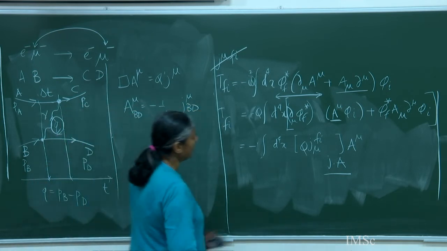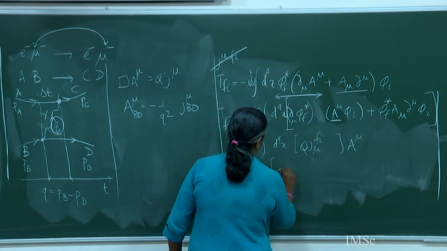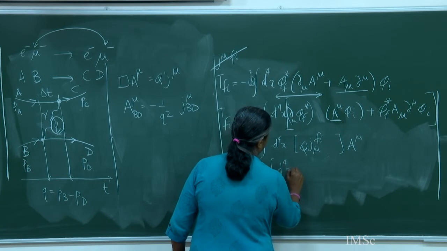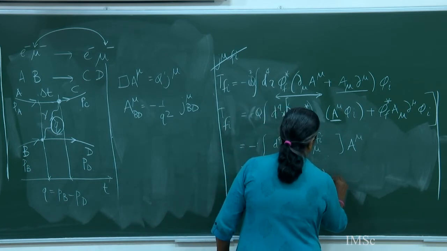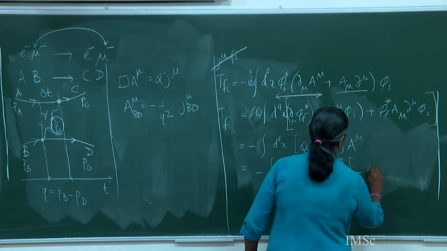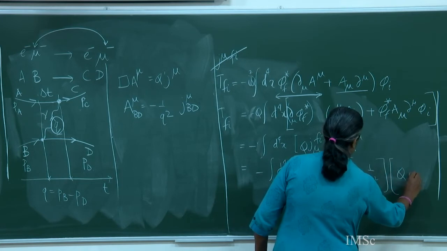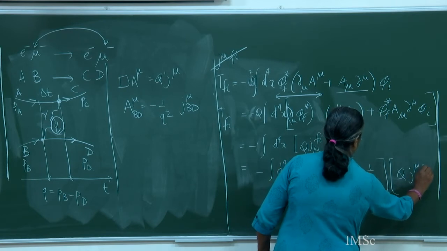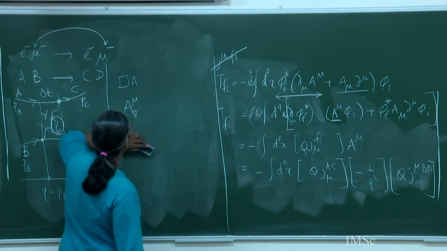And if I put that back over here, then I don't know the first overall sign. So I can write it as Q J mu AC, minus 1 by q squared, Q J mu BD. Okay, this is more or less where we stopped last time.